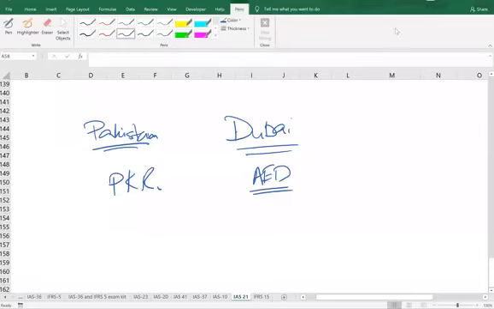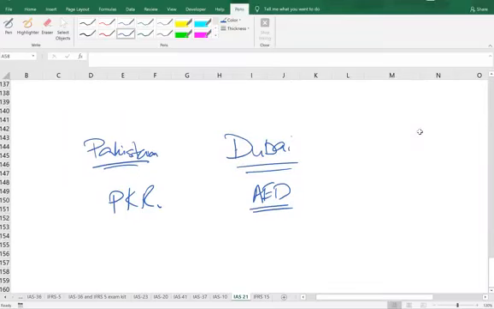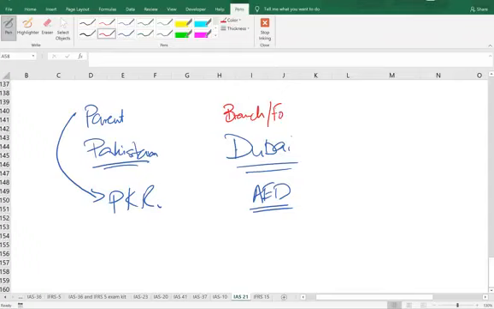Yeah, we understand. Now, like I said, the problem lies where? The parent company is in Pakistan with a functional and presentational currency of PKR. The branch or the foreign operation, I would say, is in Dubai with its own functional currency. All right. Now the problem is, how will you consolidate?